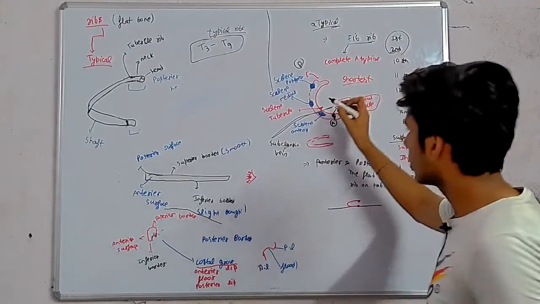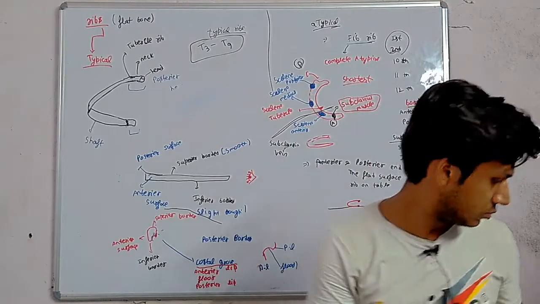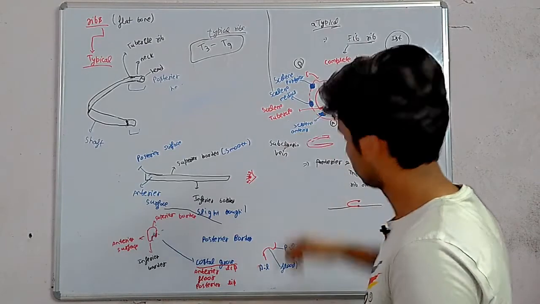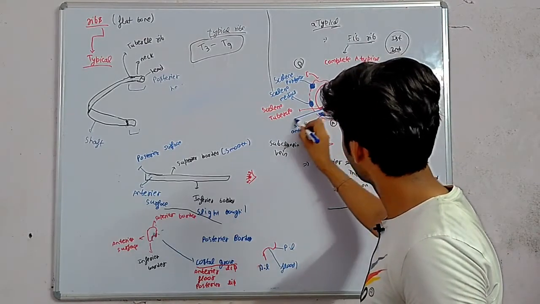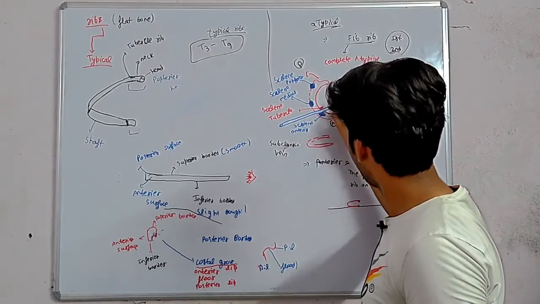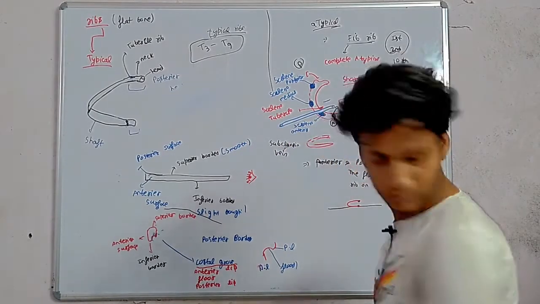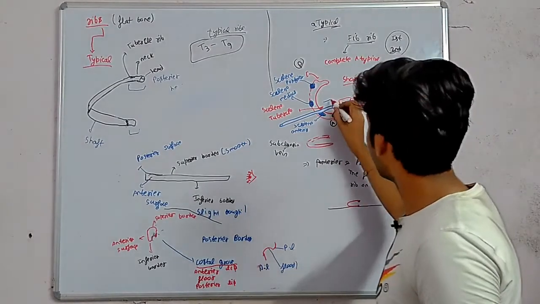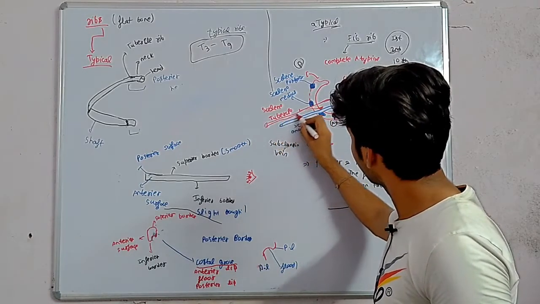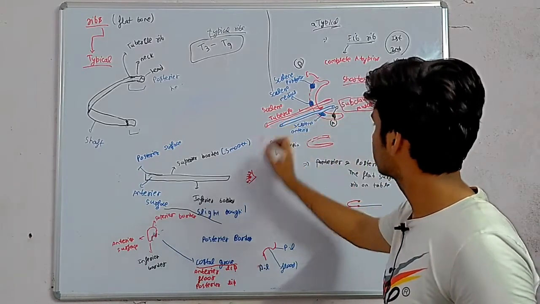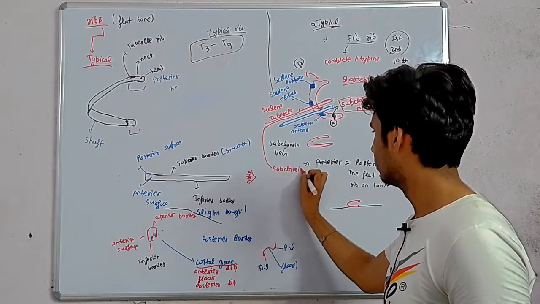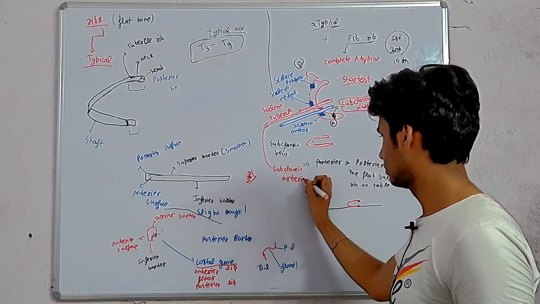Posterior to the tubercle, the subclavian artery is present.